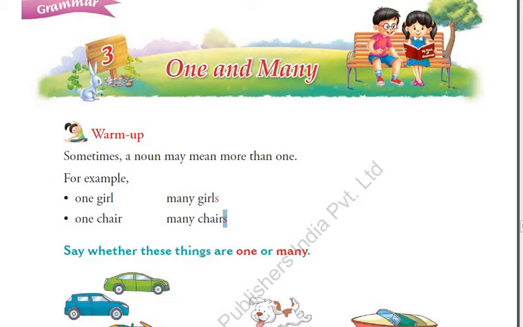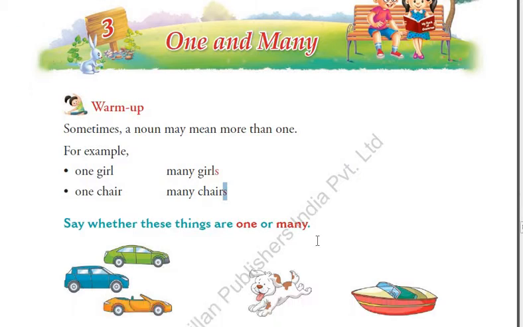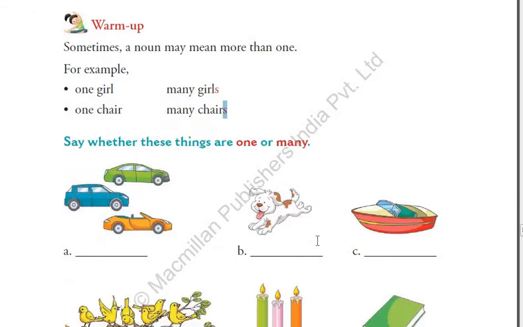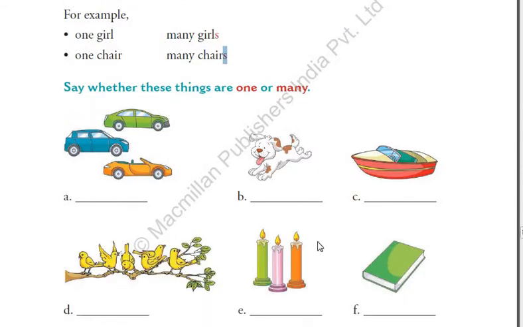But the concept is not limited to this. There are many different ways to make the plural out of singular. But before that, we went through the warm-up exercise where we solved this picture exercise, correct?